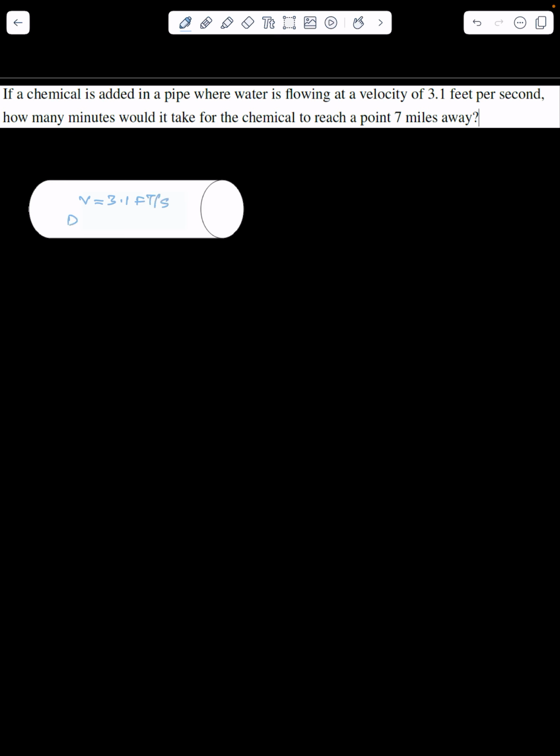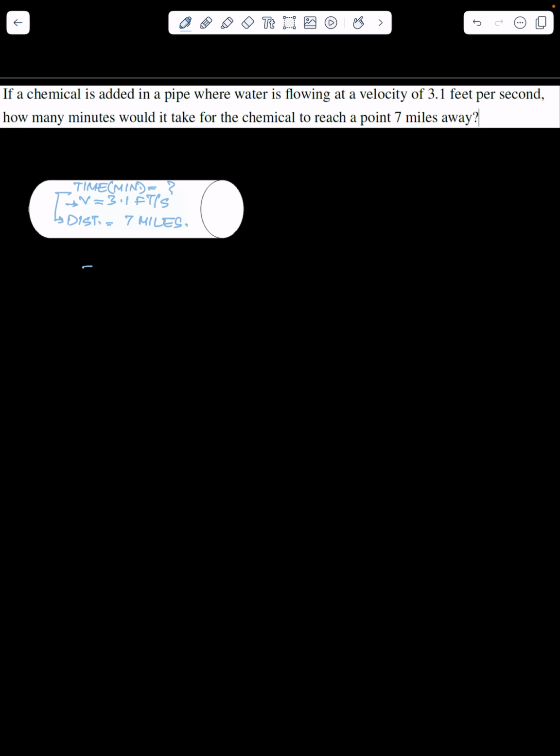The distance that needs to be traveled is equal to 7 miles. And what needs to be found out is the time in minutes to travel this distance given this velocity.